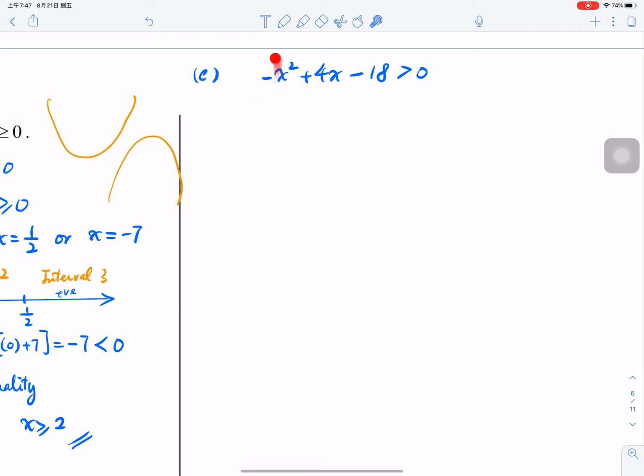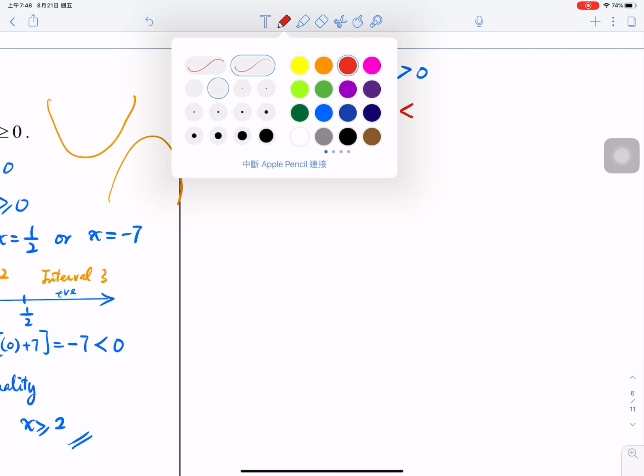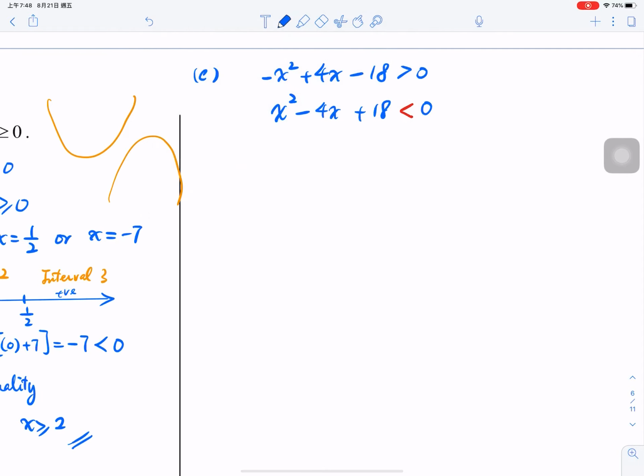Since now a is negative 1, it's better for you to rewrite it as x squared minus 4x plus 18 smaller than 0. Why? Because both sides times negative 1.